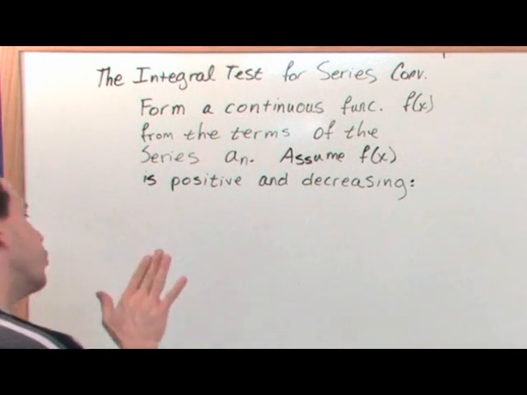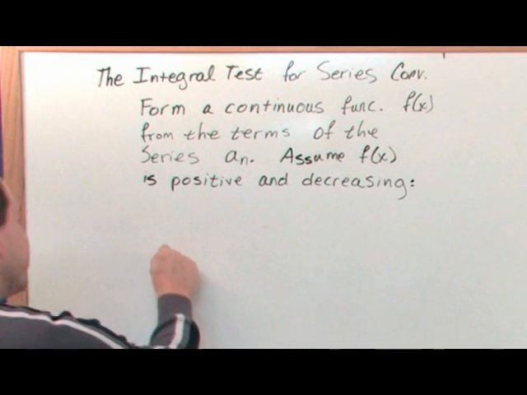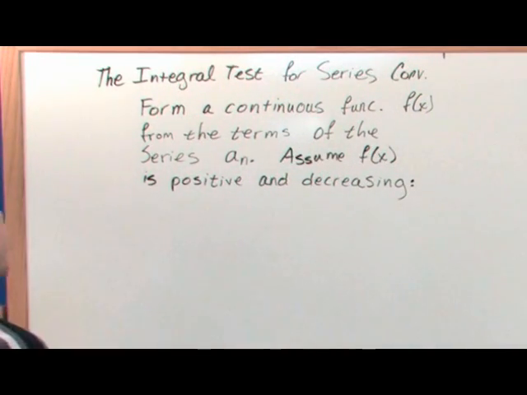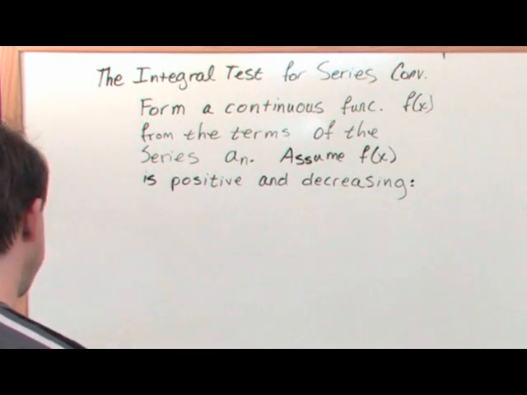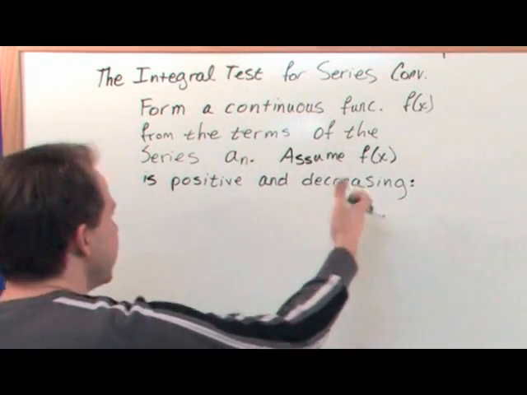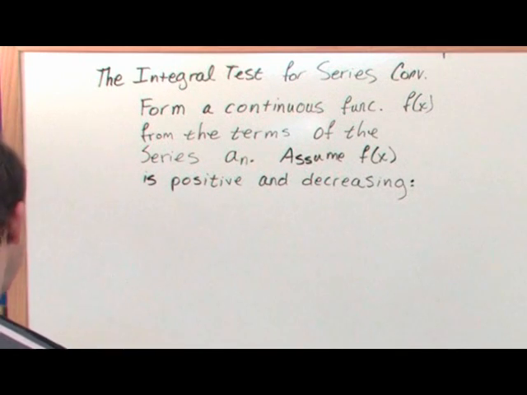It doesn't mean that it will converge, it just means that you have a shot at it. If those terms get bigger and bigger as n gets bigger, there's no way that they're going to add up to anything less than infinity. So we're assuming that f of x is positive and decreasing because otherwise the series is known to diverge already. So you have to be in that boat.